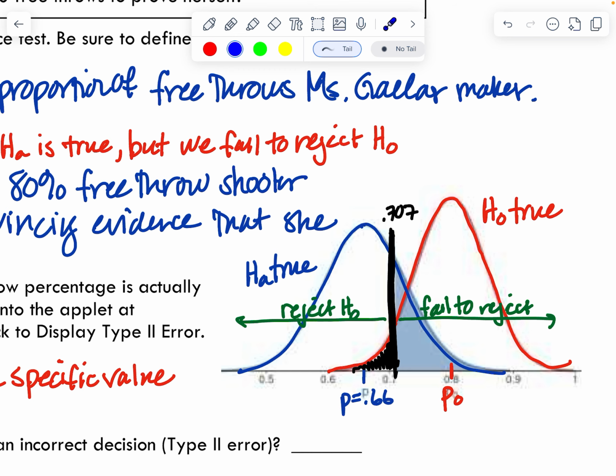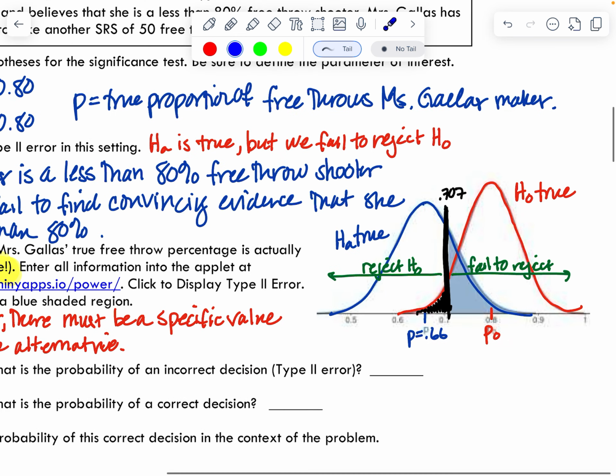This over here, if we don't reject, but the alternate is true, this is our type 2 error. If we get something in here and we don't reject, but the alternate was true, this is our type 2 error, okay? And then the power is everything over here. Now, again, you don't have to know how to get that. I just wanted you to see where it was coming from, all right?